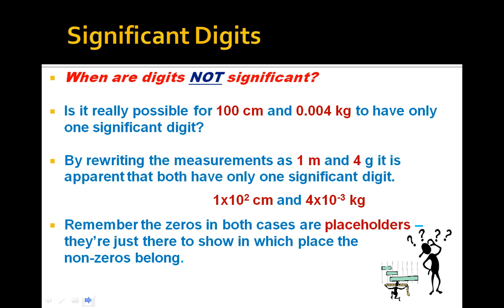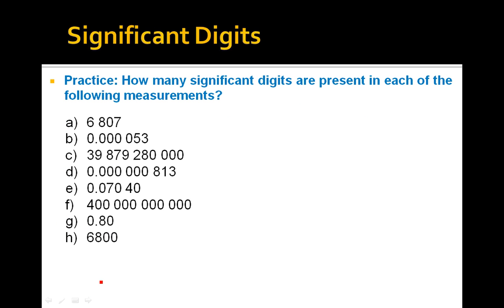Now, let's just do some practice, sorry. So let's take a look at some practice. What I'd like you to do is take a look at these. I want you to record the number of significant digits. I'd like to put a check mark over the ones that are significant, and then continue and look at the zeros.